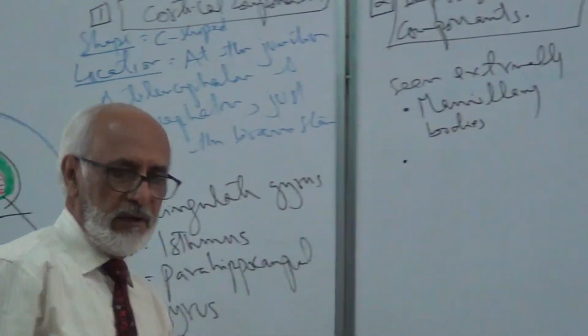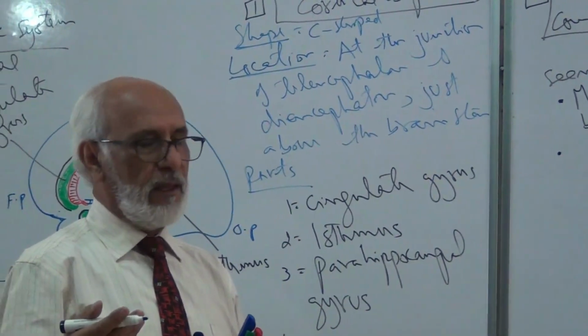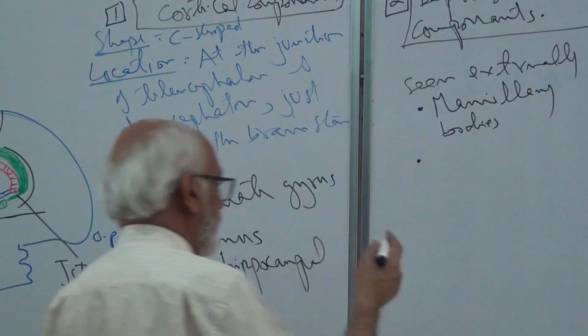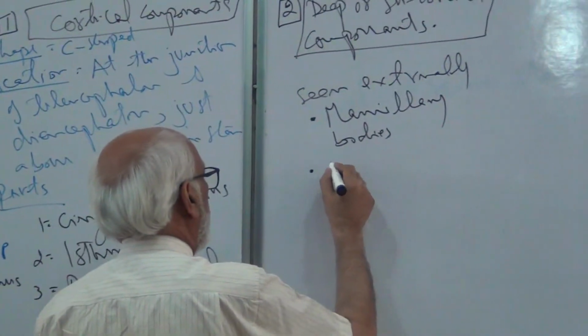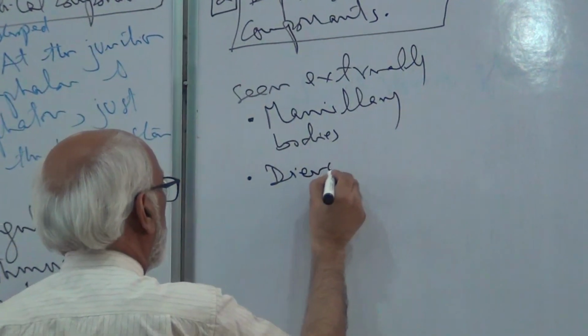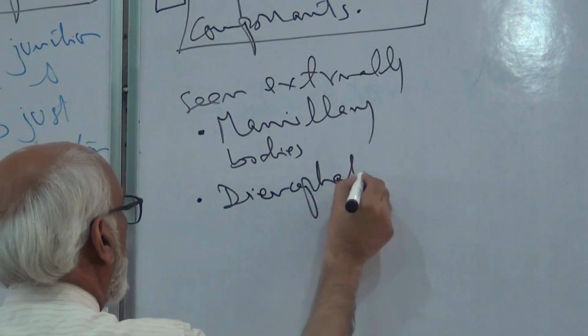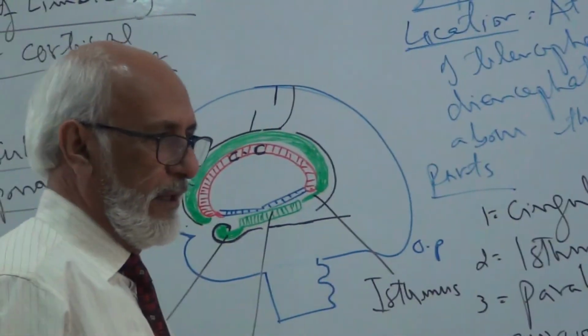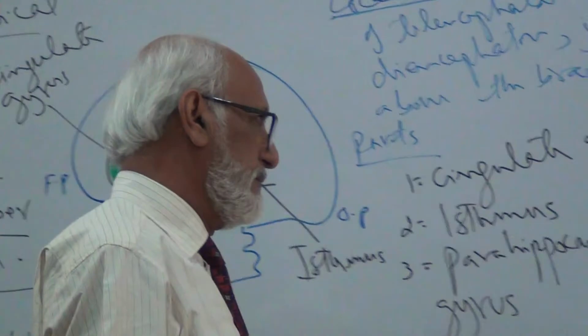Second, when we cut the midline structure, corpus callosum, we can also see some structures, for example, rhinencephalon, thalamus and hypothalamus, because rhinencephalon has connection with the limbic system.